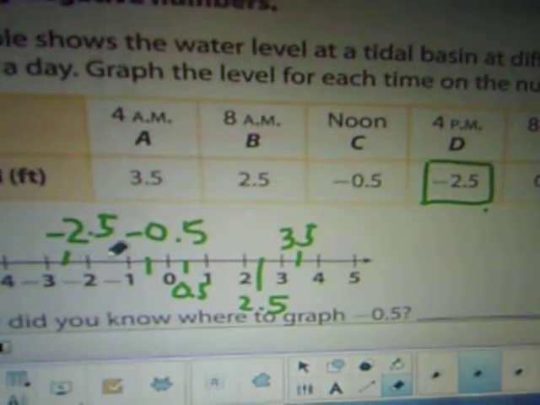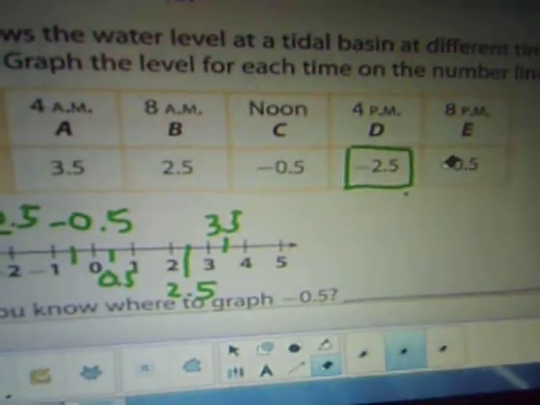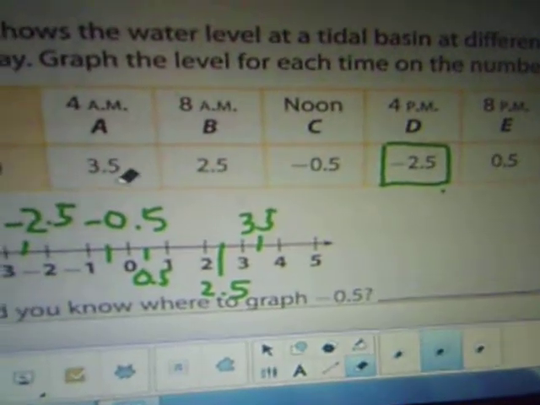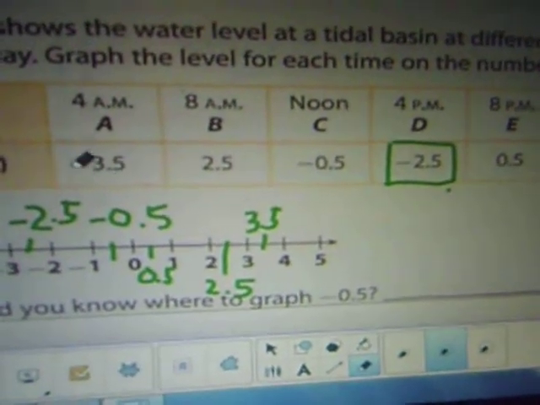This would be our smallest, or lowest number in terms of water level. Negative 0.5 would be the next smallest. Then positive 0.5 would be the next smallest. Then 2.5, and then 3.5 would be our largest valued number.